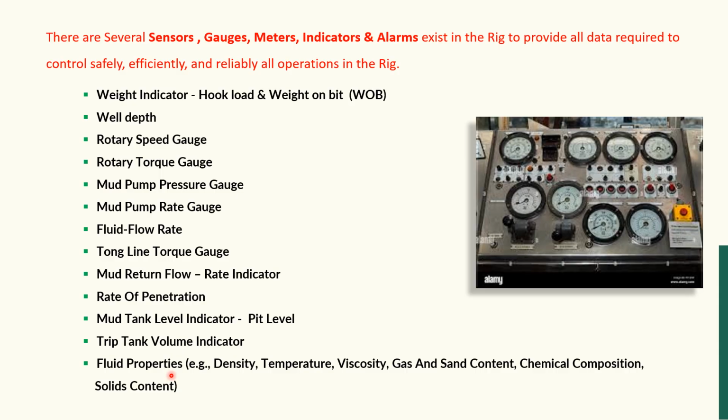Time to time, the mud logger takes a sample of the drilling fluid and tests and analyzes the properties to ensure that the fluid properties are appropriate as per the requirement of the drilling formation.